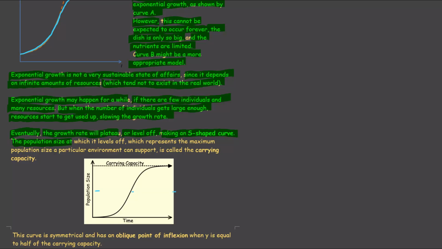The population size at which it levels off, which represents the maximum population size a particular environment can support, is called the carrying capacity. It's an important term that you need to remember.